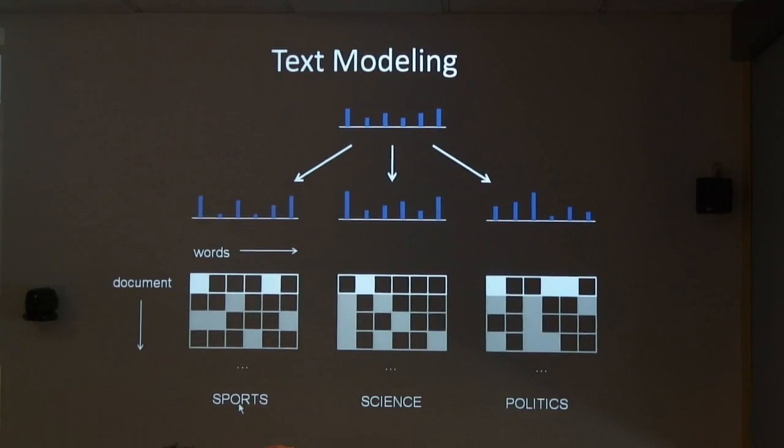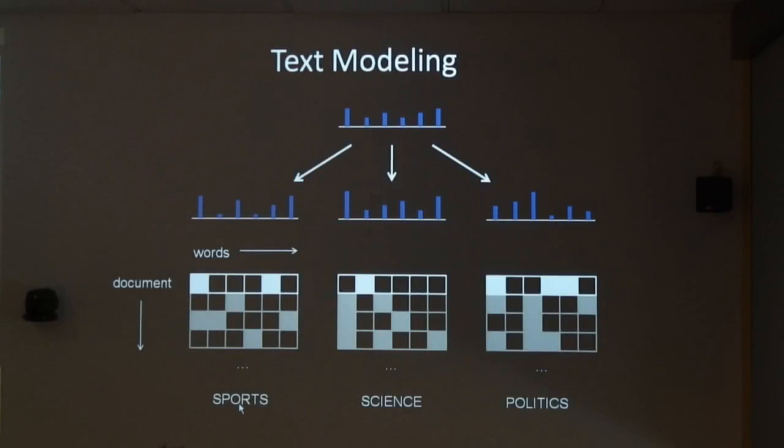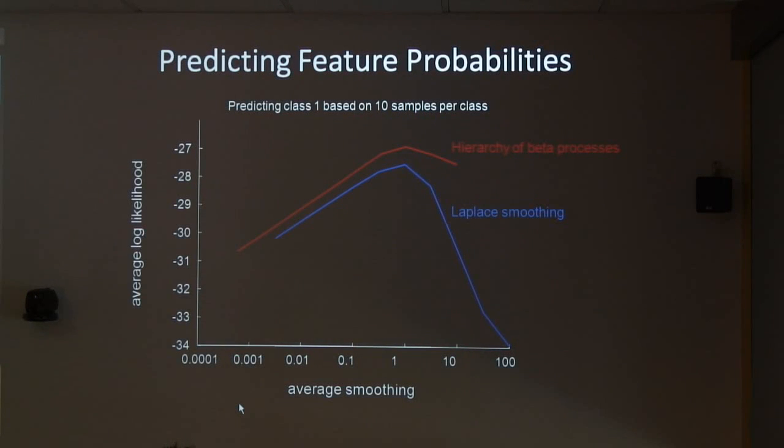Yes, another baseline. Sorry, up or the next one? The next one? Yes. So another baseline here is, instead of taking the Laplace smoothings independently for each one of the matrices, using all of them. And I would expect it would be higher than the blue, and the question is how much. How much of the red gain is because you have a hierarchy of beta processes, and how much is because you basically have more data because you share more classes?